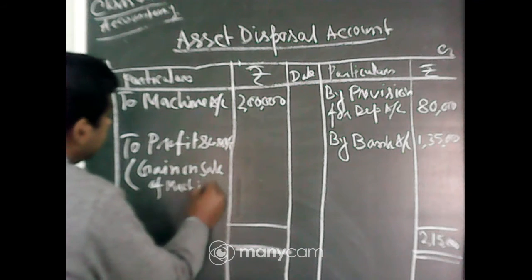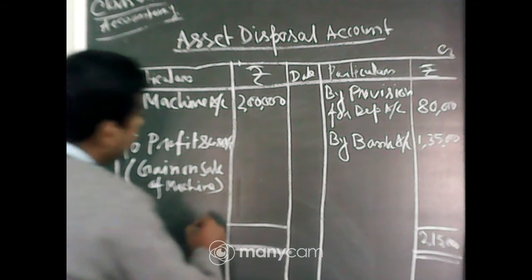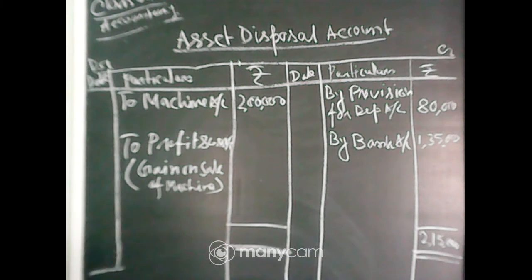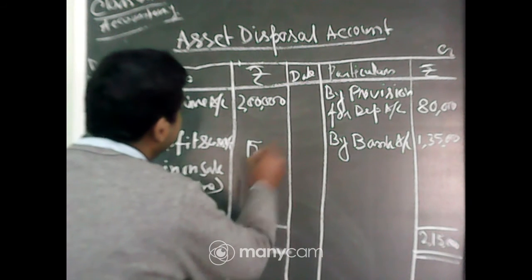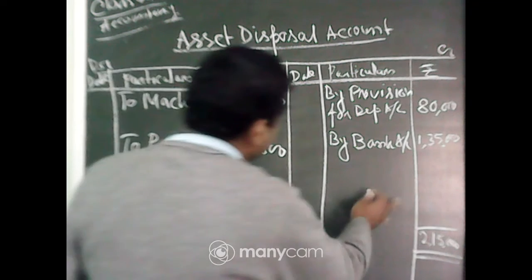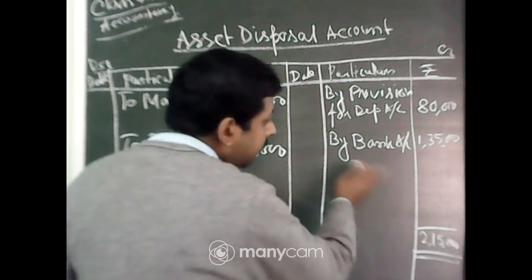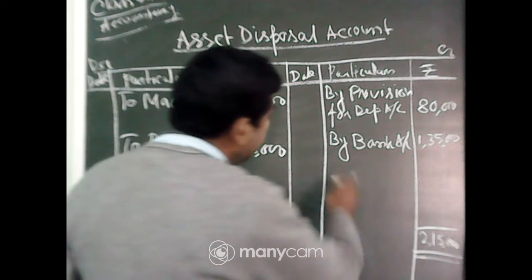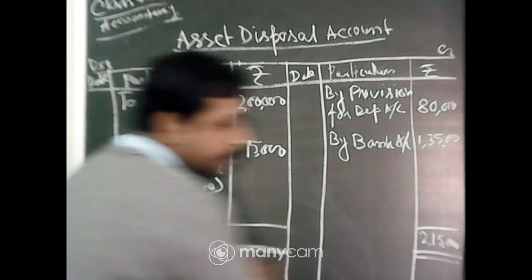Okay, what will be the gain? Easily you can find from that, that is 15,000, the balancing figure. If the debit side is more and the credit side is less, that means there is a loss. So at that time we have to write by profit and loss account.